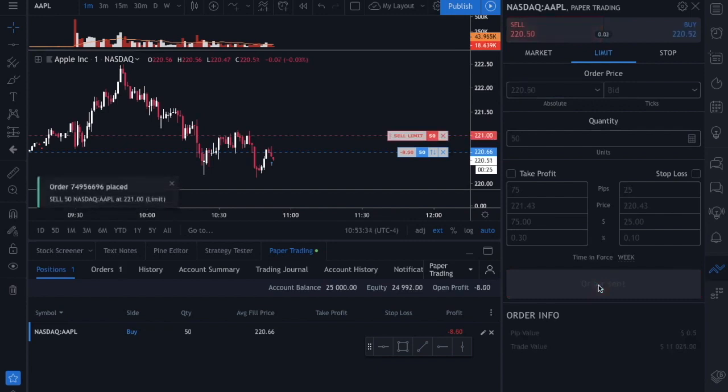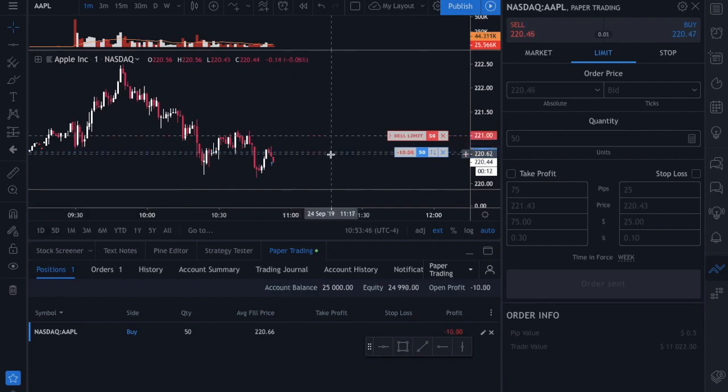So what this is going to do, my order is placed, but it's not going to execute until the price comes up and there is someone willing to buy my shares at 221. All right, so this is a live order on there. It's just sitting there out in the queue. And only if the price comes up to 221, that's when my order will be executed.